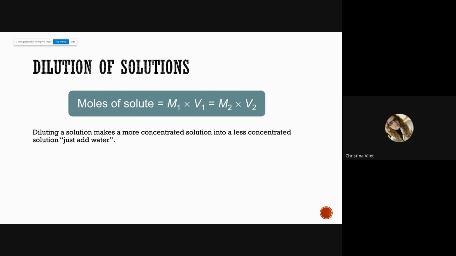So here's the topic. If I have this salt water, right, and I add water, what does that change? If I have some salt and I have some water, and I add more water, what happens?